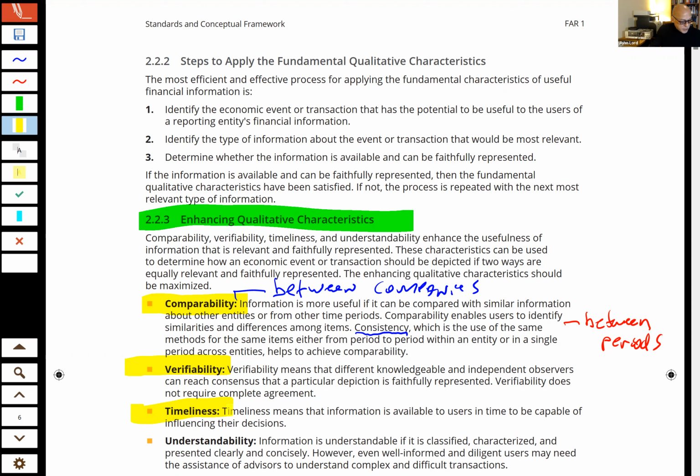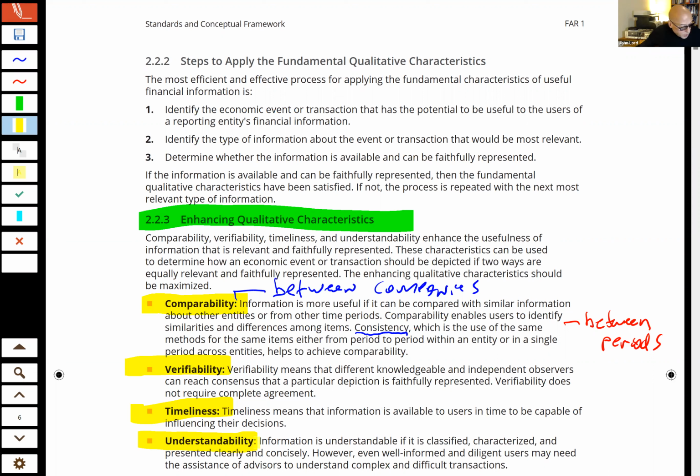And then understandability is really the reason that you have all kinds of footnote requirements associated with financial information, because the FASB realizes that, hey, in our conceptual framework as an enhancing qualitative characteristic, we say that the information has to be understandable. So we're going to require that there be footnotes that expound on the information that's contained in the dollar amounts and whatnot that are contained in the financial statements.